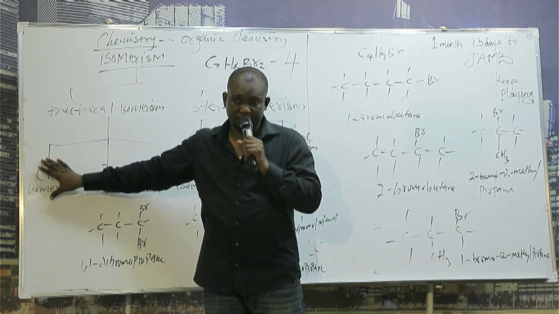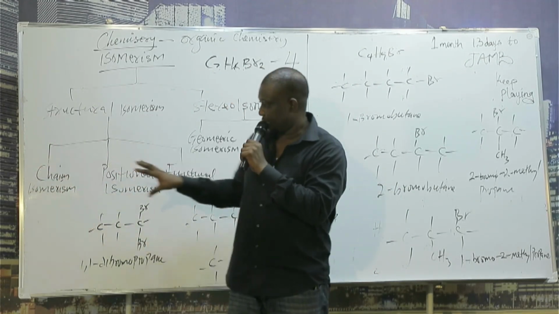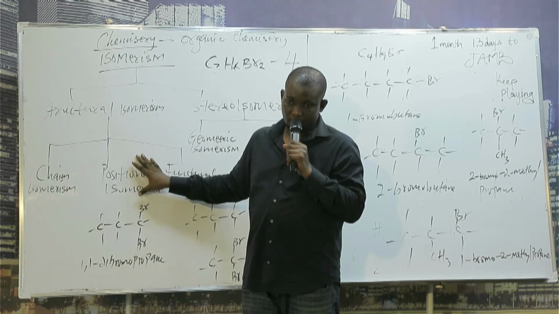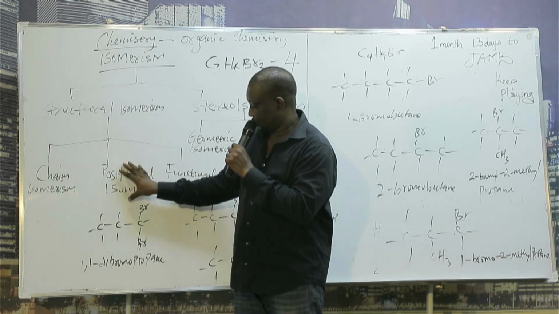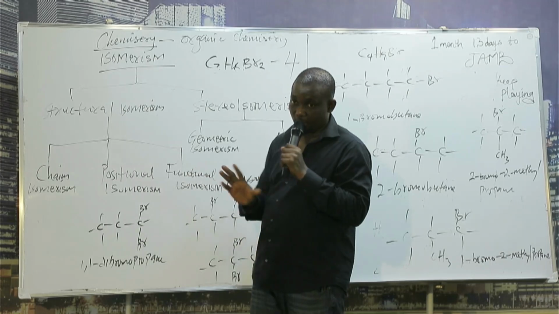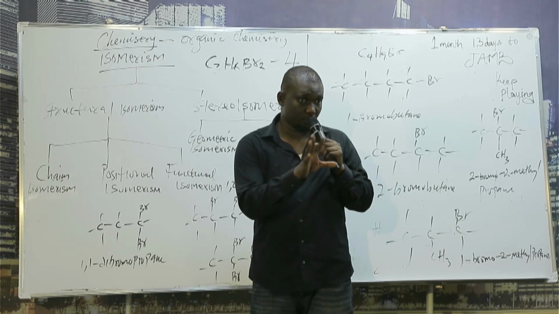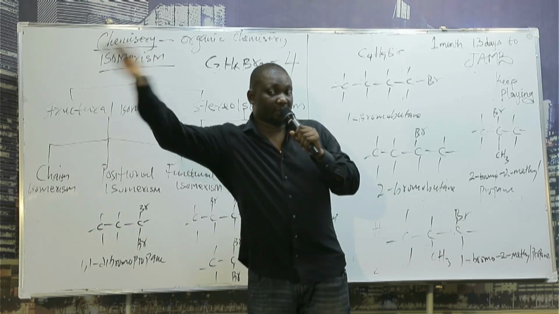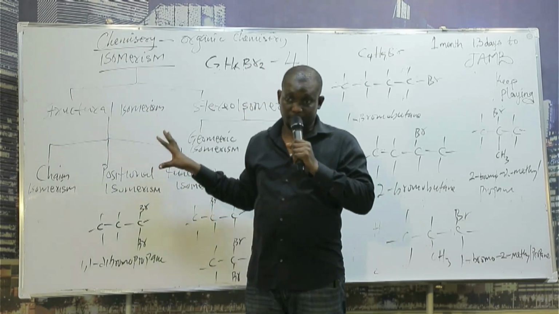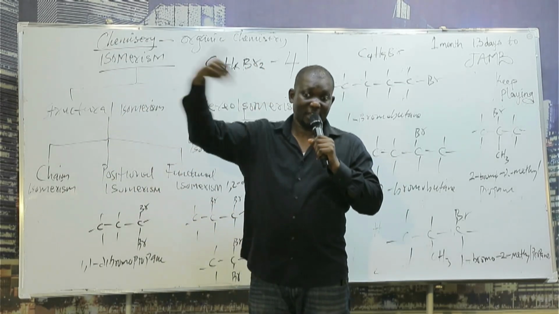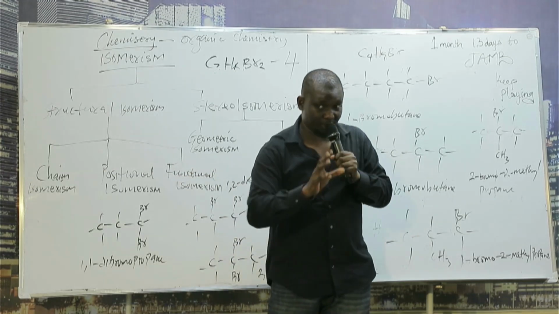Some isomers may be chain and positional, and some may be positional and functional. You have to be very careful. If JAMB wants to go to extreme, these are the things they will use to manipulate your brain.